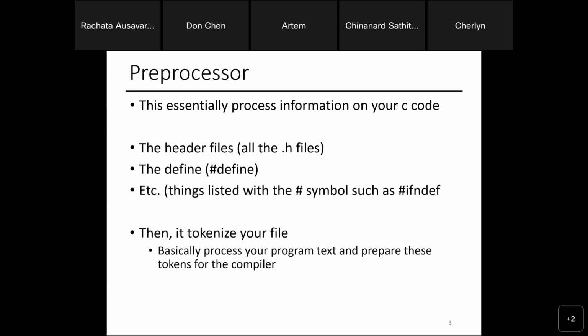Then the compiler follows the step of tokenizing your file, your program, basically. When I say tokenizing, it means that it tries to understand your code, what your code is doing. Then it prepares this information for the compiler to optimize your code and spit out assembly.